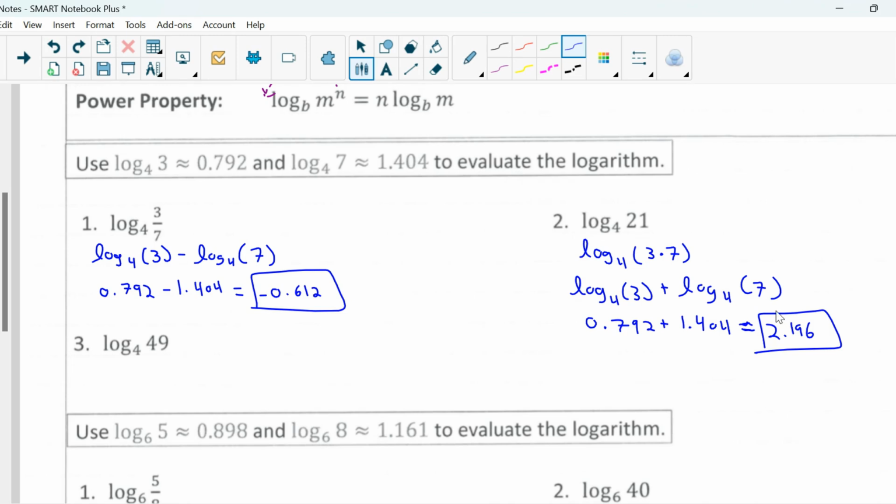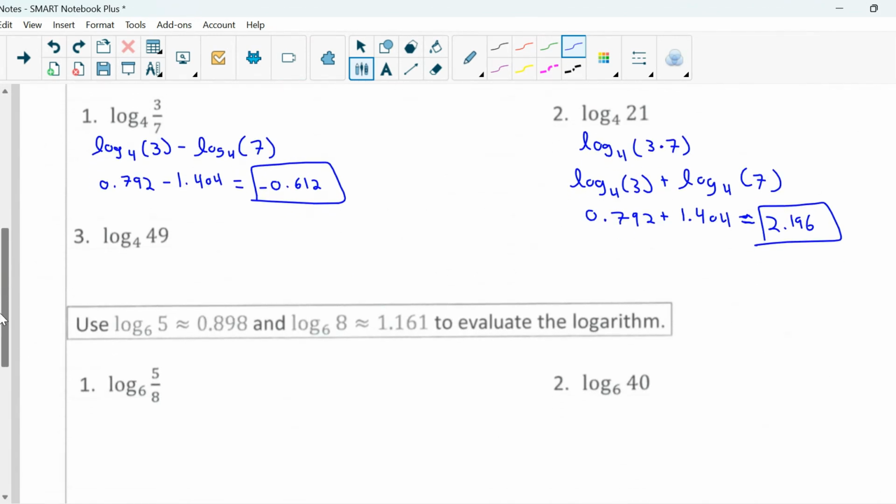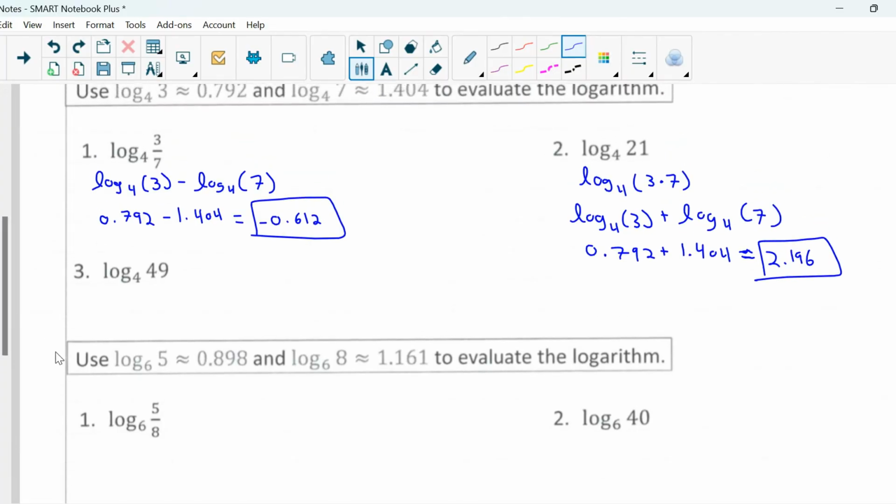All right, final one here. In the case that I would have log base 4 of 49, since I know what 3 and 7 are, I know 49 is 3 times 3. Or sorry, 7 times 7. So I could break this up to be log base 4 of 7 times 7.